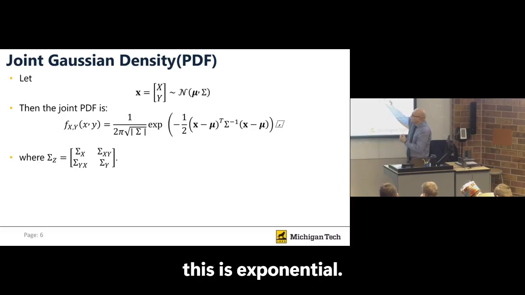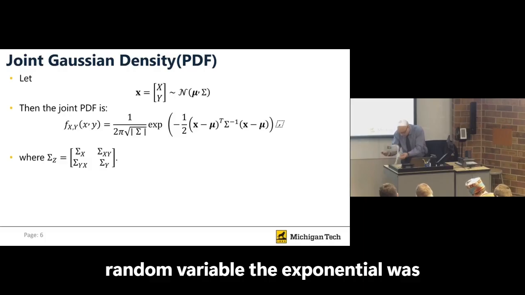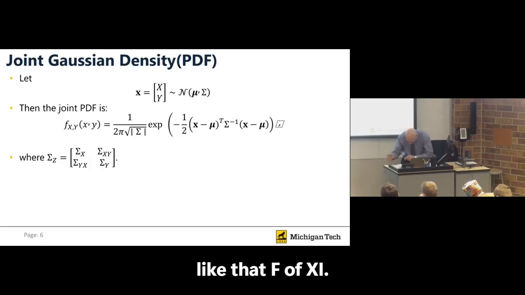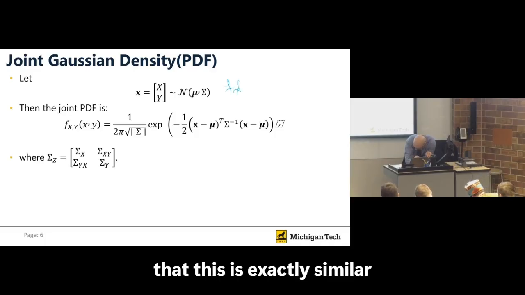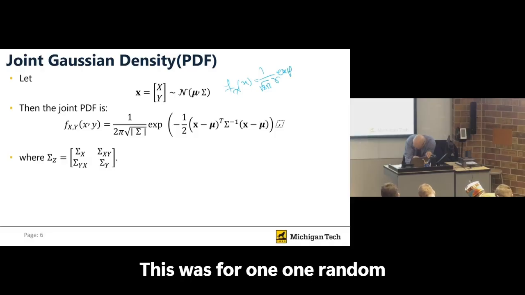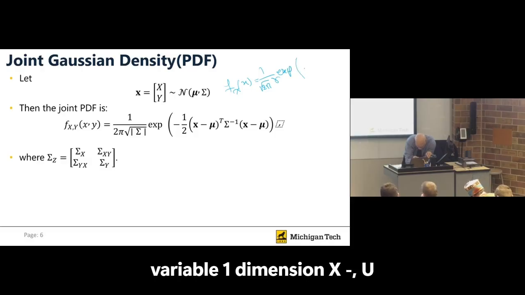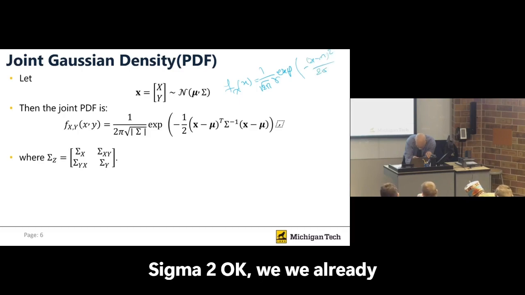This is exponential. If you remember, for one random variable, the exponential was like that. F of x, I just want to show you that this is exactly similar, but just in a matrix form or in a vector form. This was for one random variable, 1 dimension, x minus mu squared over sigma squared.